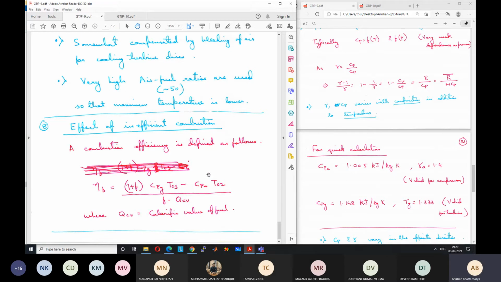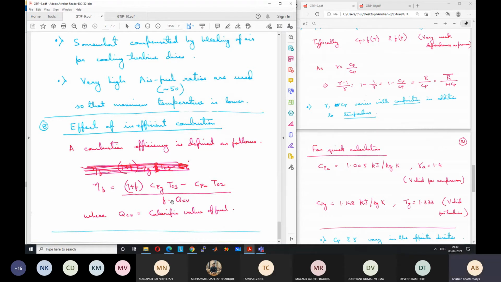1 into Cp of air into T02, the inlet temperature. This is the compressor outlet temperature, the combustion chamber inlet temperature. So this is the increase of energy in the combustion products. This is divided by the amount of chemical energy available for combustion, the calorific value of the fuel QCV into the amount of fuel.